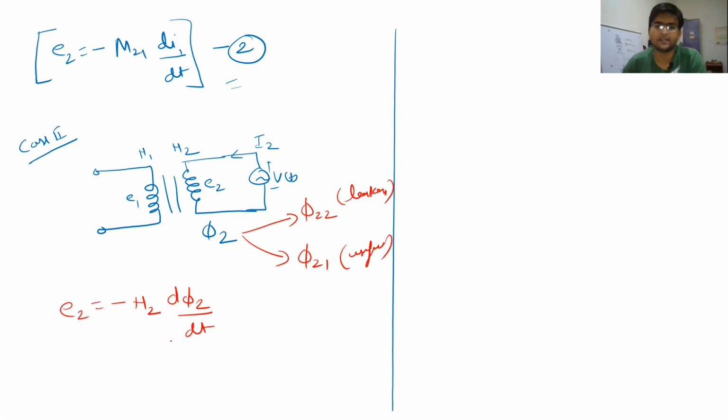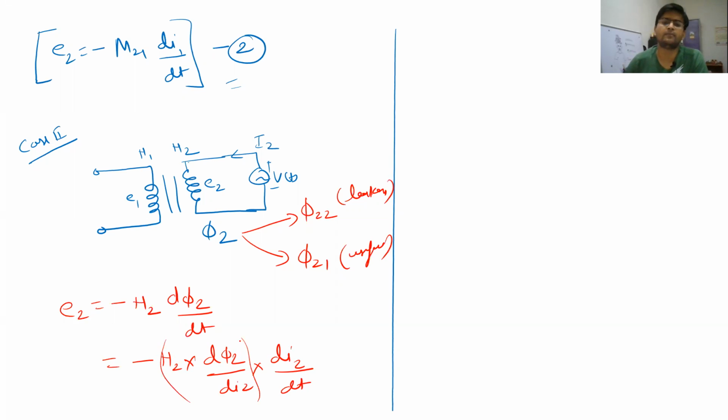So on rearranging this and multiplying and dividing it with di2 upon di2, we will get finally minus N2 into d phi 2 upon di2 into di2 upon dt.